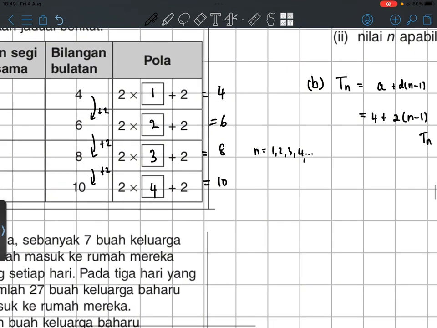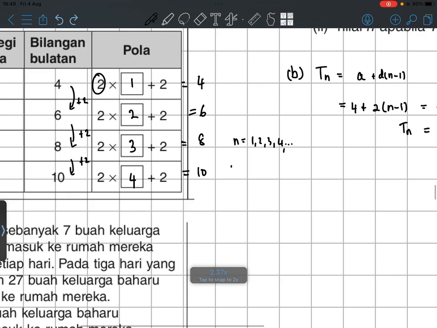Which means that the multiple is constant, and this is adding 2 each time. So the one which changes is only the box, so you can replace the box with 2 times n plus 2.